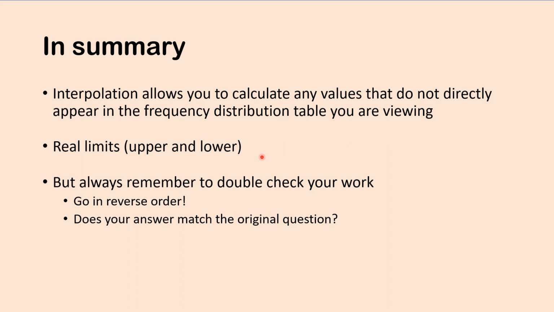So if you're working with a value of 3, it's probably going to have a 0.5 upper limit and a 0.5 lower limit. But if at any time while you're attempting interpolation, always double check your work. And one of the easiest things to do is to just do the question in reverse order. Once you get your answer, go through the question again, but in reverse to see if it matches the original question itself. And here is an example.